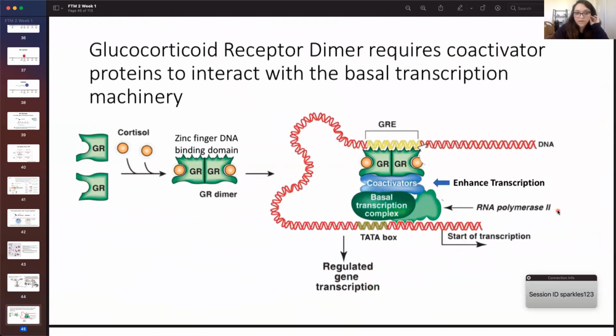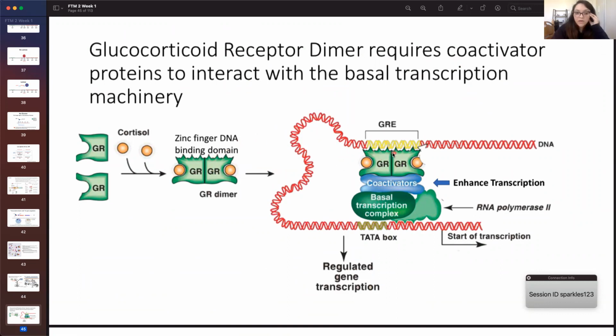When we're talking about your glucocorticoid receptors, those are also going to dimerize. When cortisol is present, your zinc finger DNA binding domain is where the cortisol is going to bind on the glucocorticoid receptors once they're dimerized.